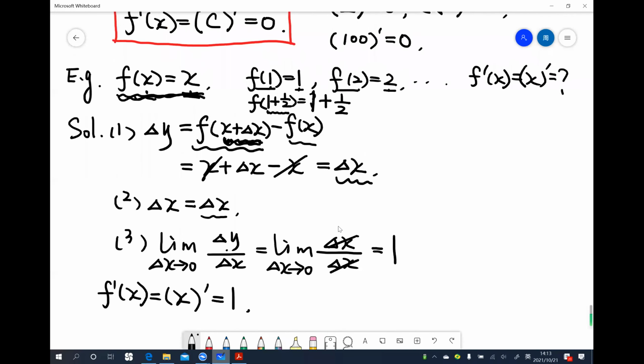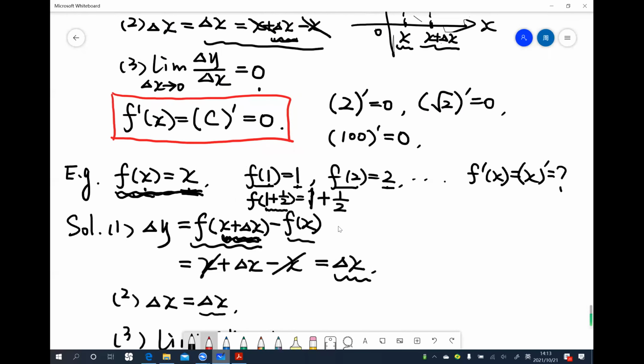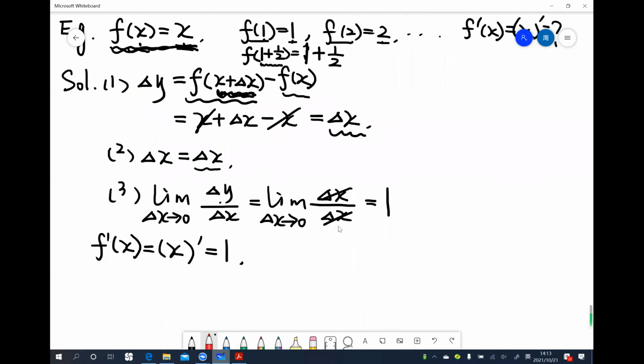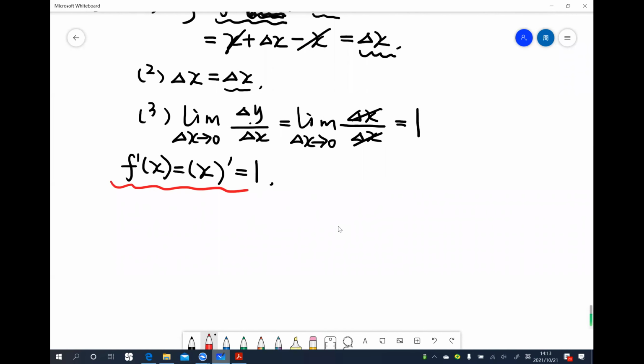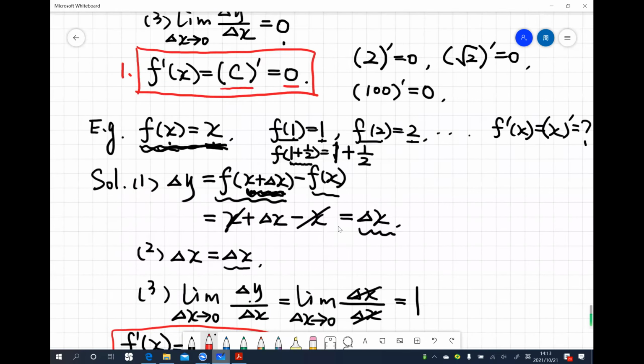Okay. So here, from the first example, I have given you the first formula or the first rule. That is, the derivative of a constant equals 0. And from the second example here, I will give you another rule, or we can call it the power rule. Here, maybe that is rule 1.